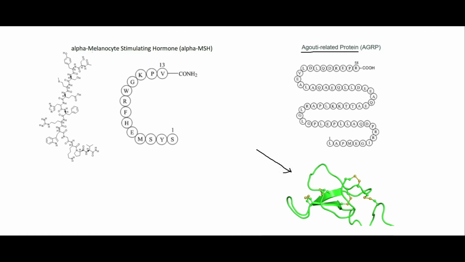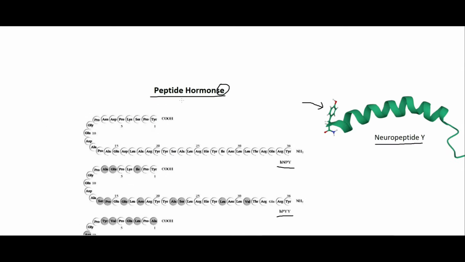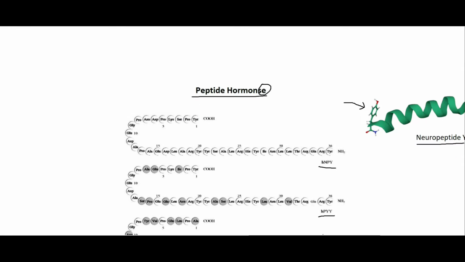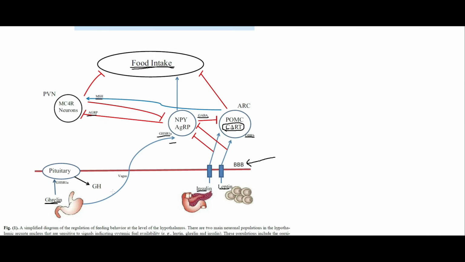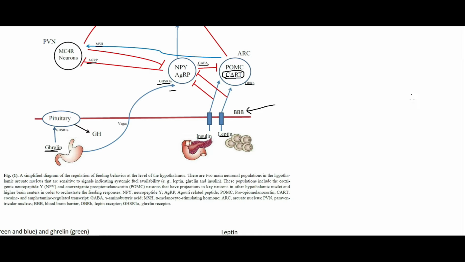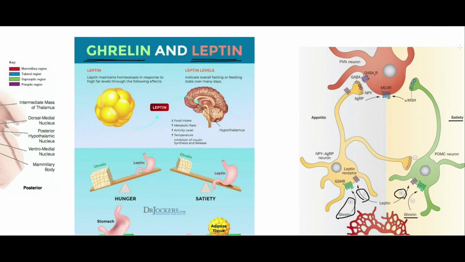Then this alpha MSH is the melanocyte stimulating hormone, and that is also a peptide. So a lot of what we're talking about here are peptide hormones. It's somewhat more complex than this, but still simplified.